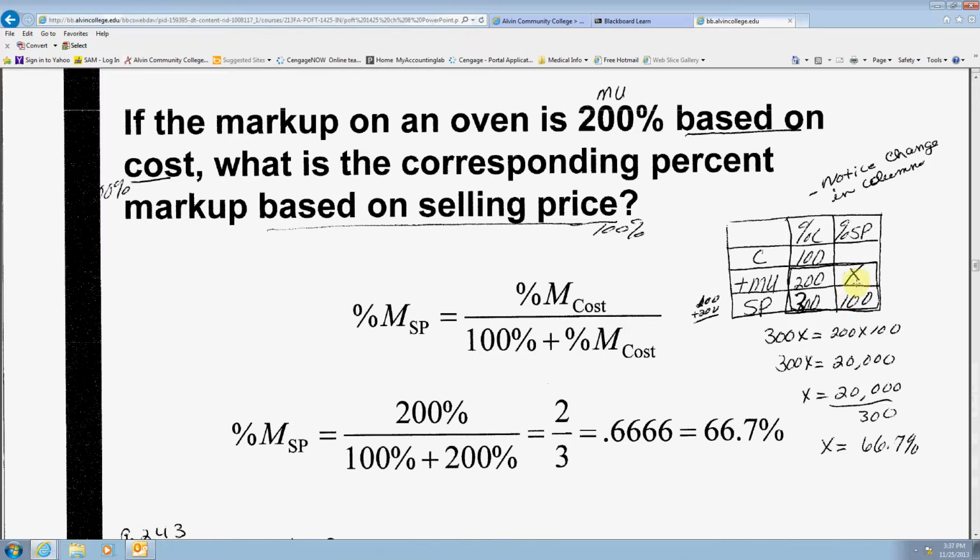So we can add the 200 and the 100 to get 300% selling price. Now we have our four corners: 300X equals 200 times 100. Solve for X, and we get the same percentage.